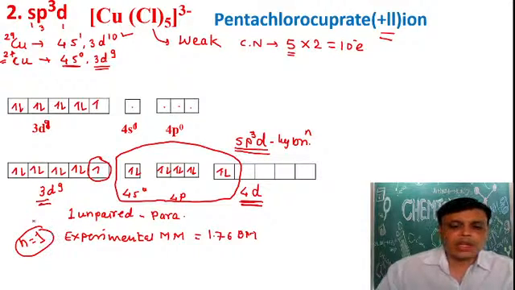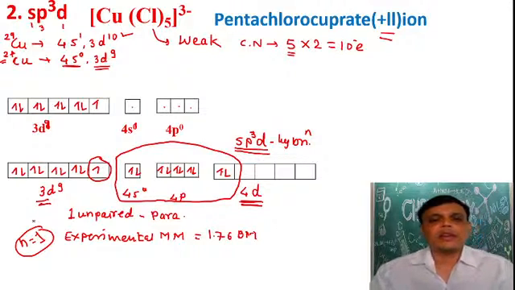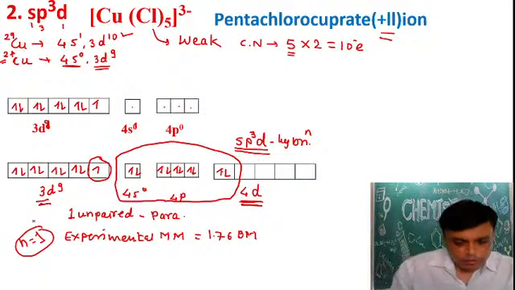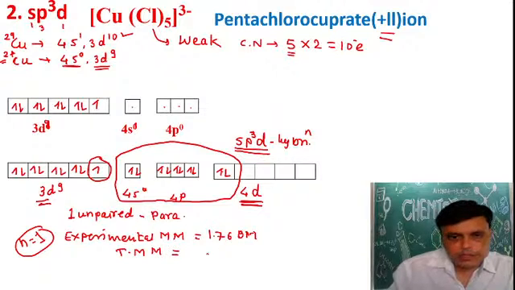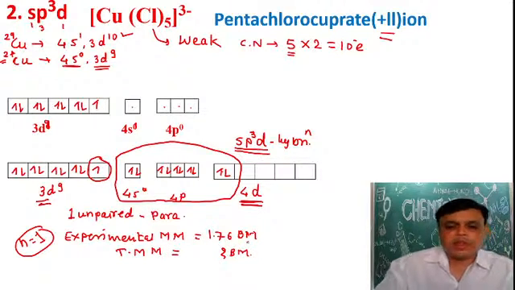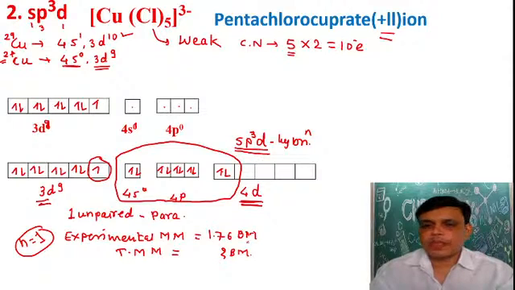So put the value in that equation and then tell me the theoretical magnetic moment. क्या है theoretical magnetic moment की value? We have the spin only formula, that is under root n into n plus 2 BM. Here n is equal to 1. Put this value, take a scientific calculator, calculate it and tell me.